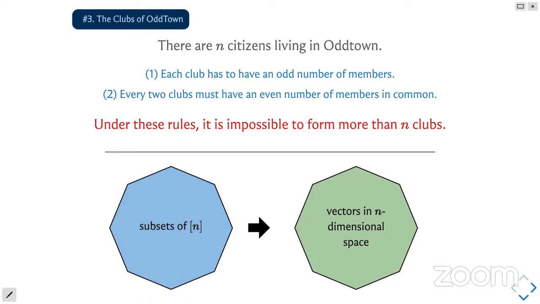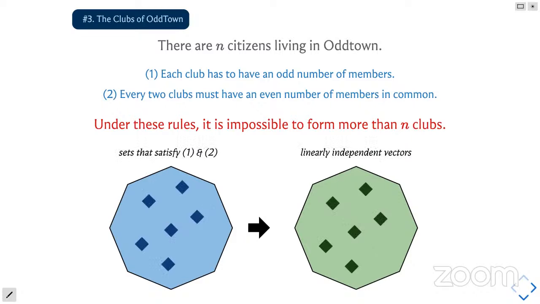And the hope is that this mapping will have the following property: that if you have a collection of sets which satisfy both of these rules, then the map takes them to a linearly independent collection of vectors. And notice that if we are able to come up with such a map, then we're basically done if these vectors live in an n-dimensional vector space.